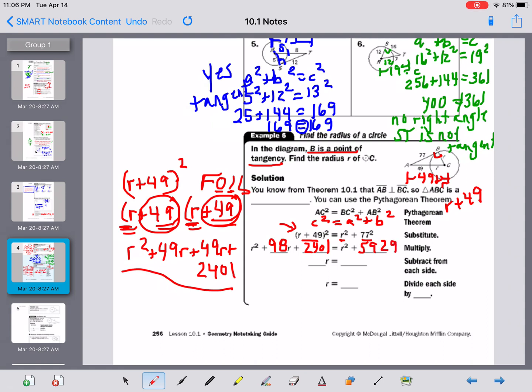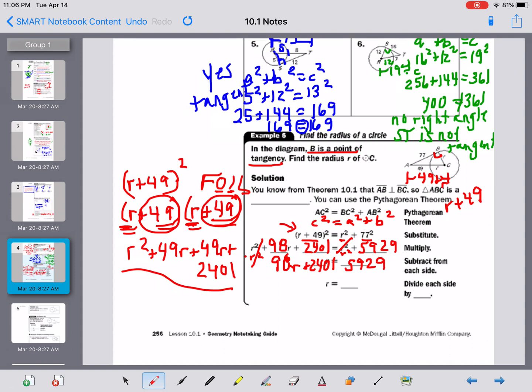We combine like terms, so if I subtract R squared from both sides, thankfully for us, they cancel. So I'm going to be left with 98R plus 2,401 equals 5,929.